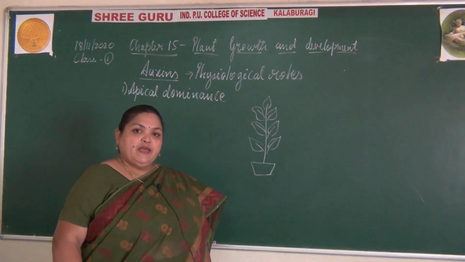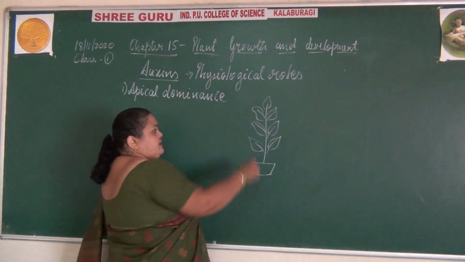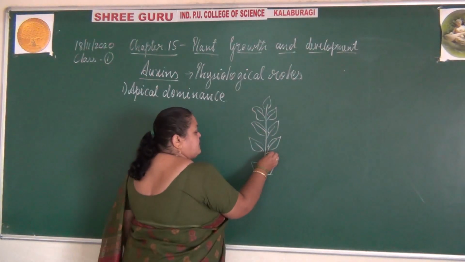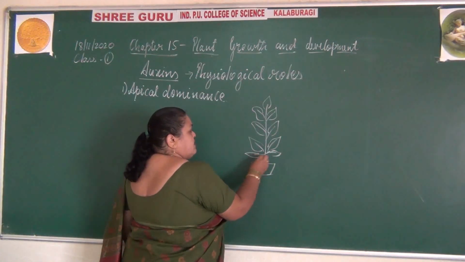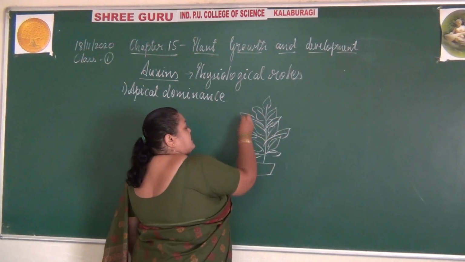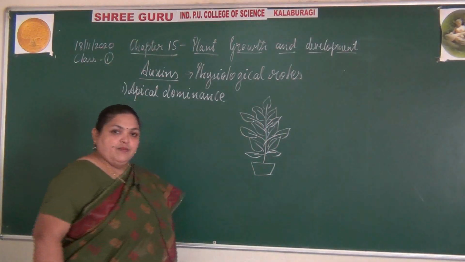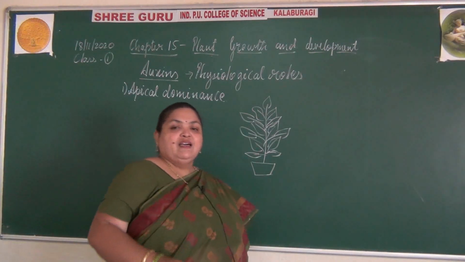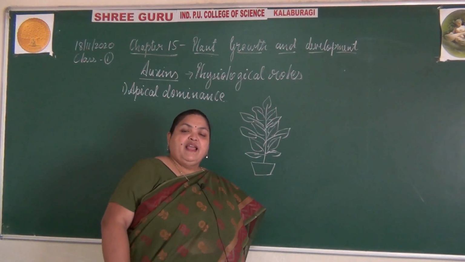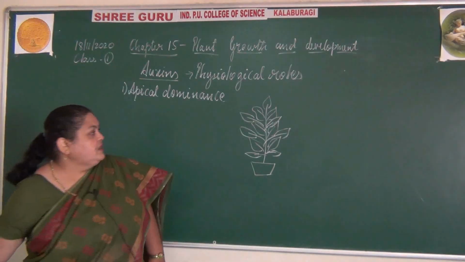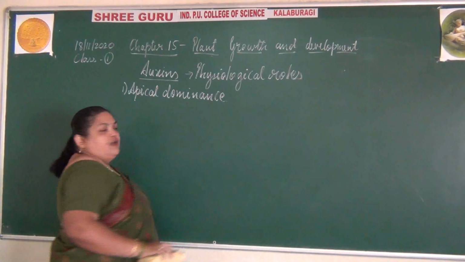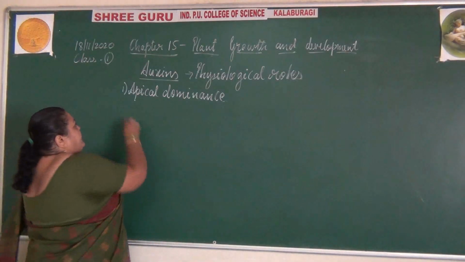But when auxins were added, not only was the activity of the apical buds suppressed, but it helped in the growth of axillary buds, which started to produce many lateral branches on the stem and produced a bushy-like appearance. So the auxins are involved in apical dominance, and apical dominance is inhibited by the auxins.